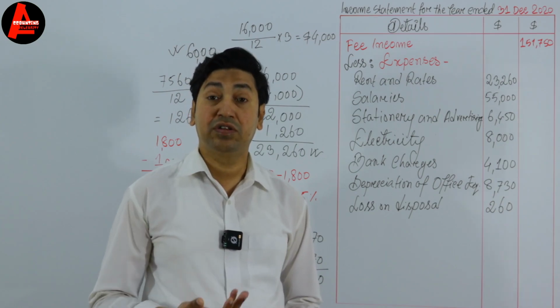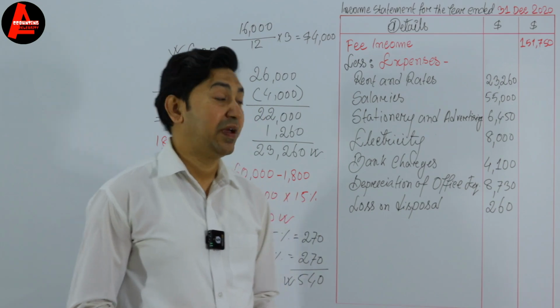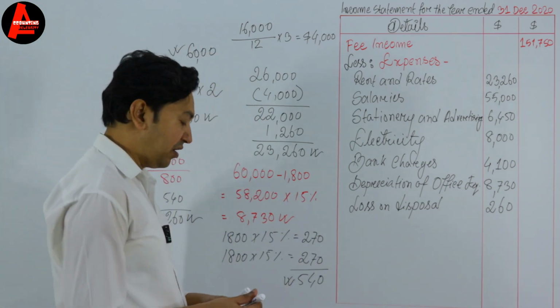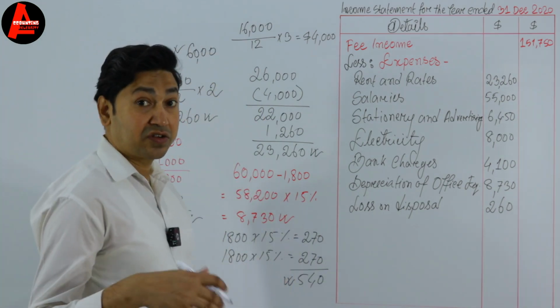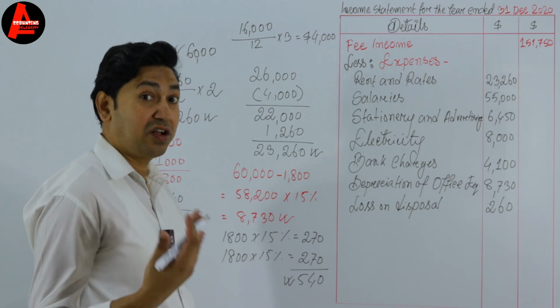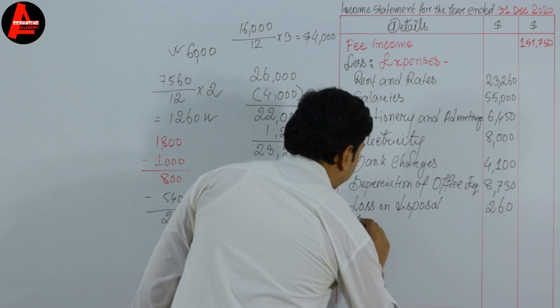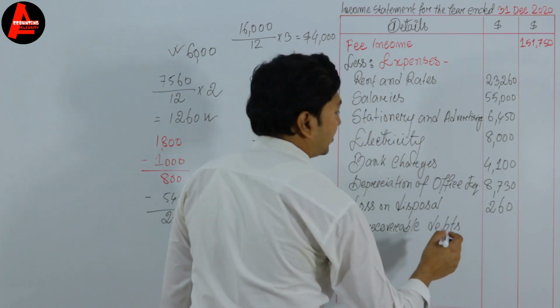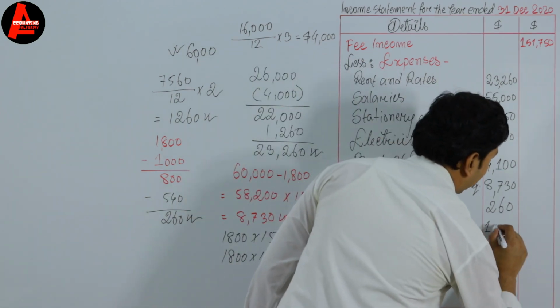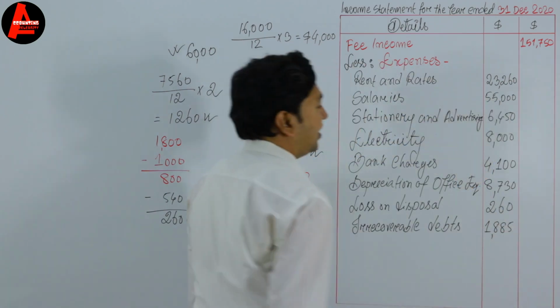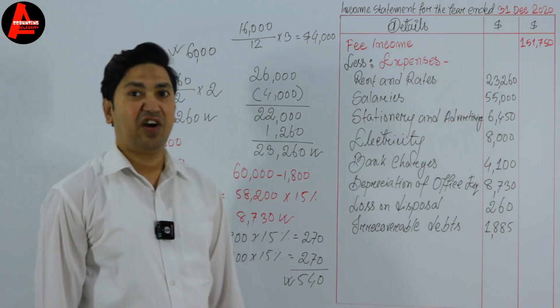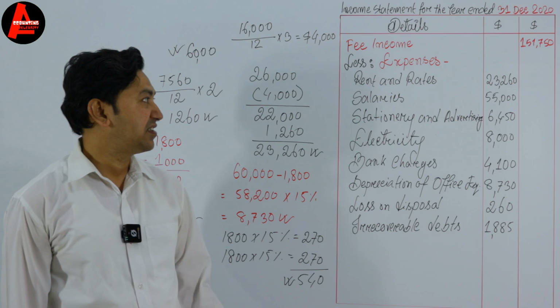We will show this amount as an expense in the income statement. You can also call it bad debts, that is also okay. Let us write here irrecoverable debts, $1,885. So we finished writing all the items, all the expenses here.